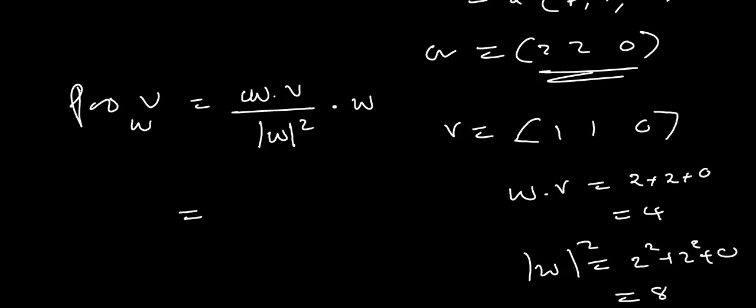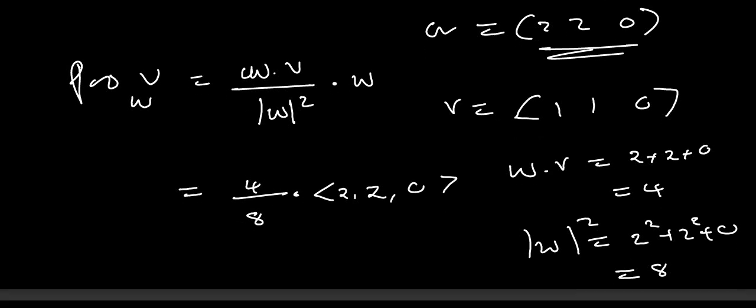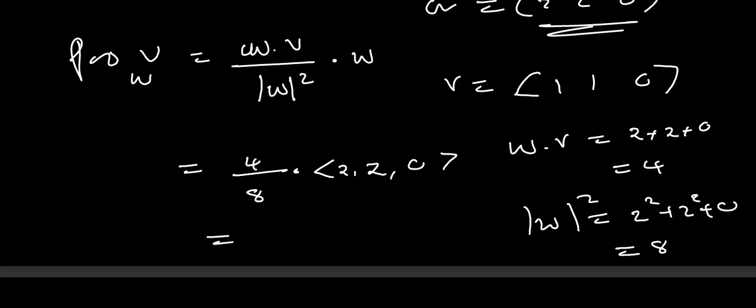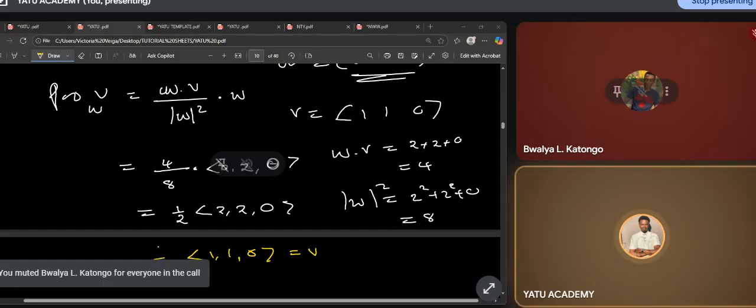So this is 4 over 8, multiplying the vector W. It simply means like a shadow of V, so this is the answer we're getting.